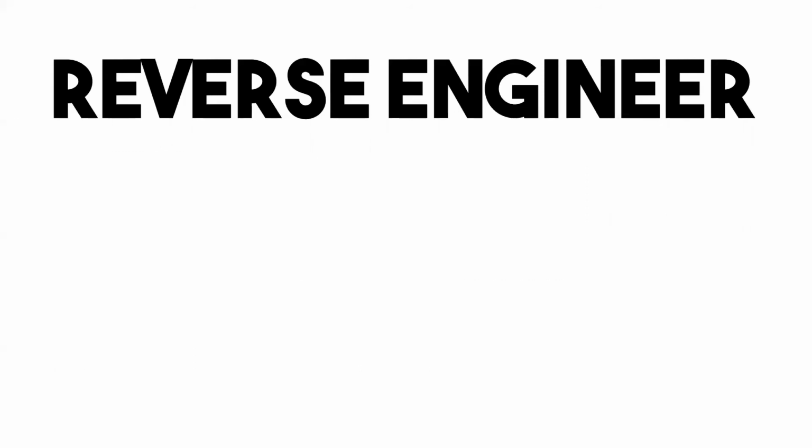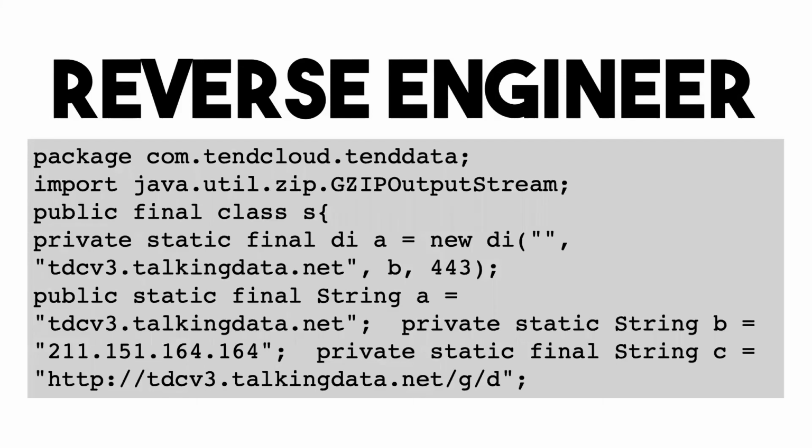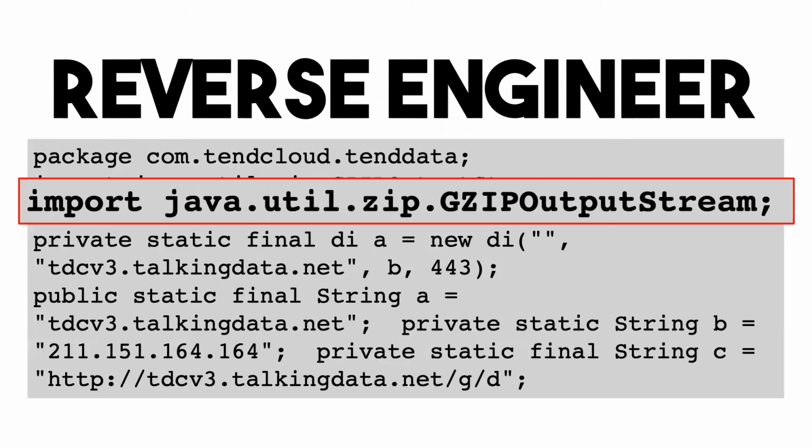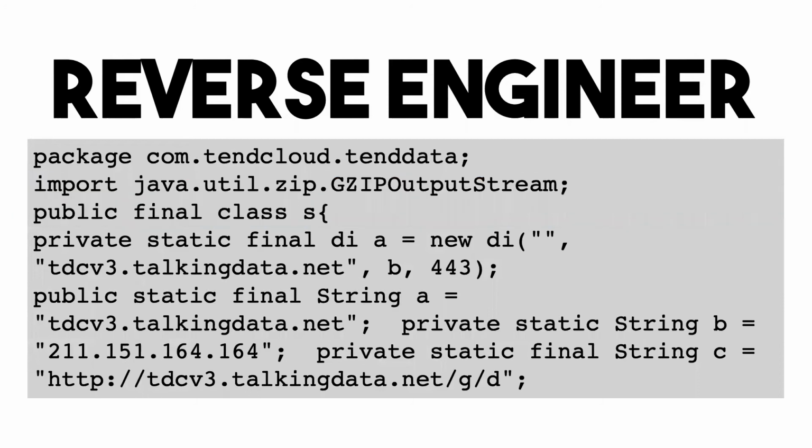So I went ahead and reverse engineered, or I don't think Google liked that term, and I think that might be forbidden in the terms of service, so I should probably change this to binary analyze. But yeah, I reverse engineered the application, and I found it was using this gzip output stream, shown here. That's what it was using to encode the data that it was sending across to this analytics server. So I thought, brilliant, I'm going to use that to have a look at this binary blob that I mentioned earlier.